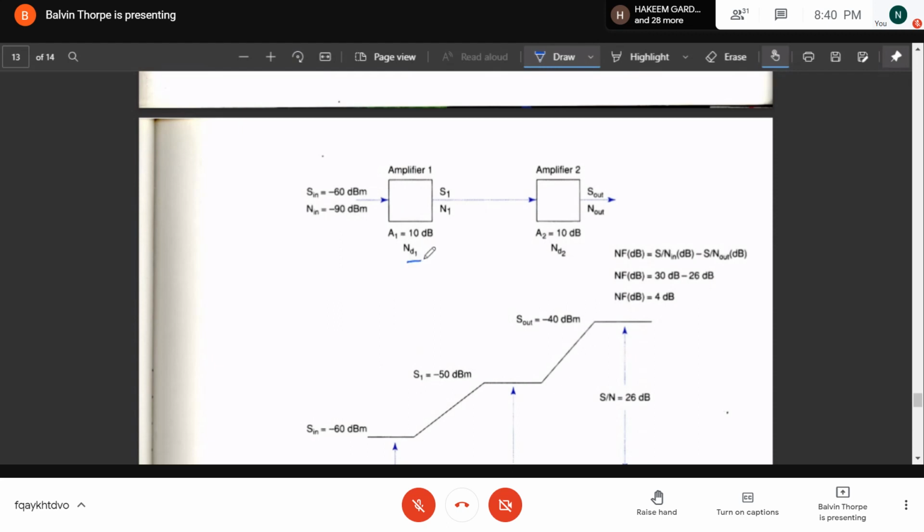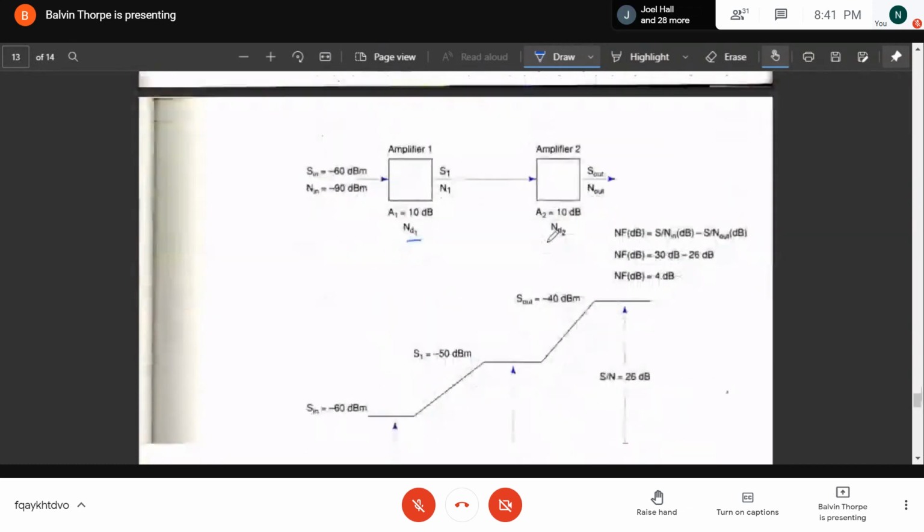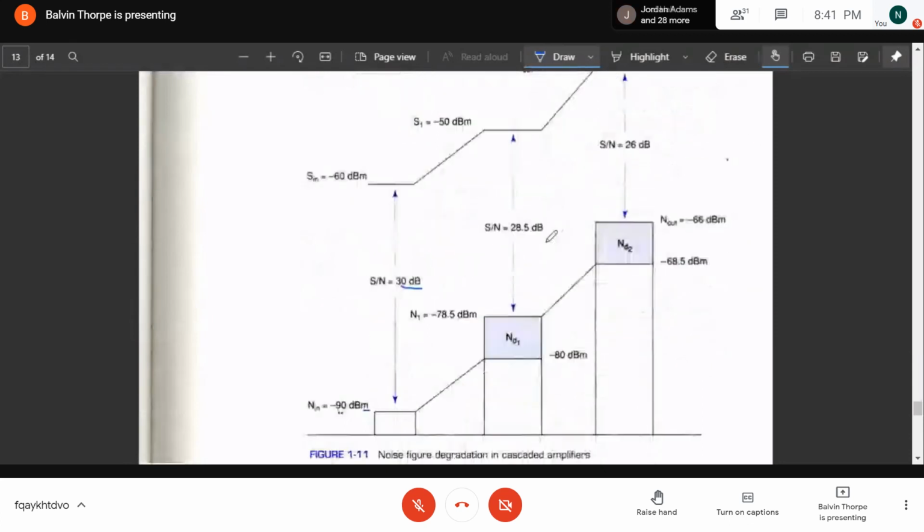Which is where ND is going to come in right here. And likewise, ND2 is going to be added here to make the signal different. Are you following me so far? So that's what I'm saying. This is moving from minus 90 to minus 80. But when you add whatever value ND is, it's going to add to it to make it even higher.